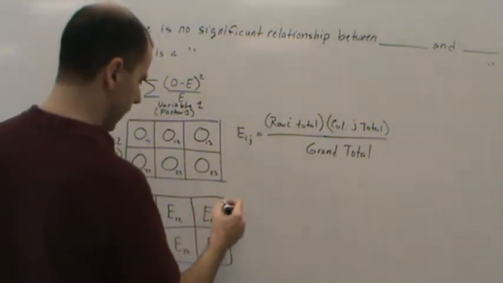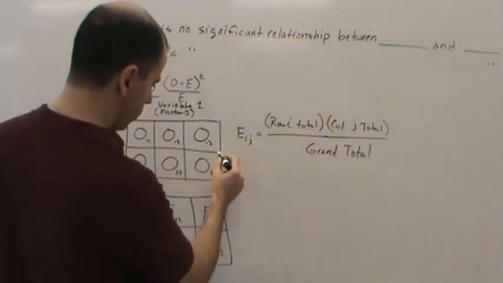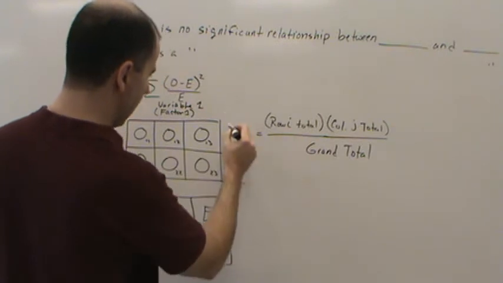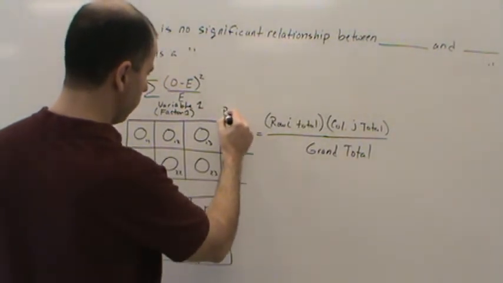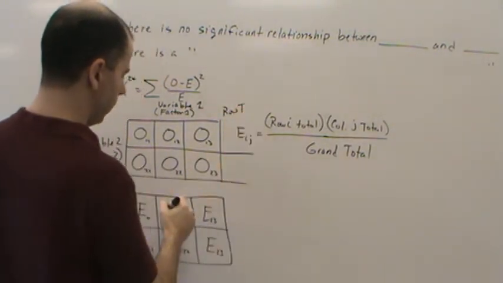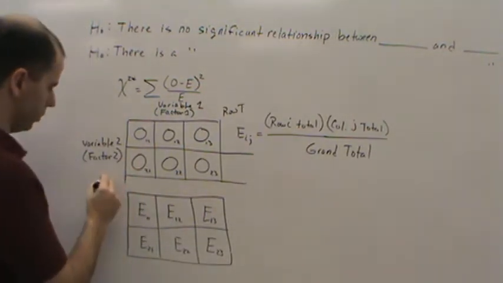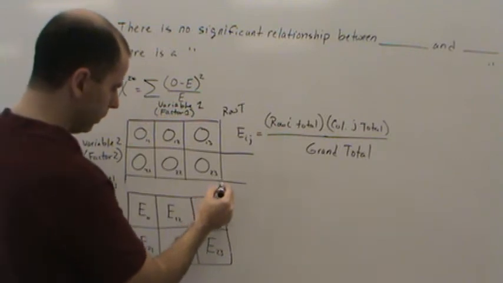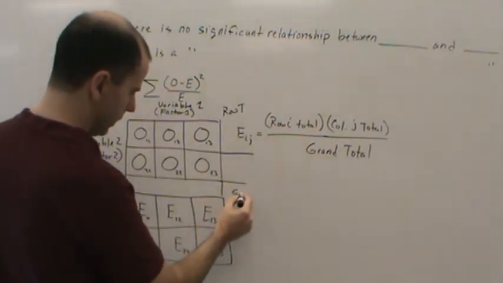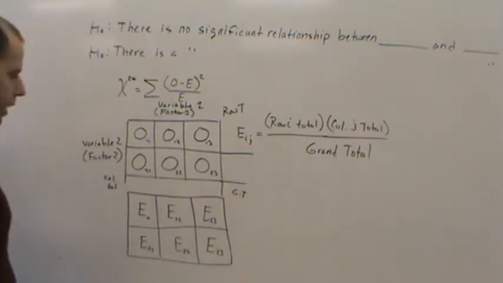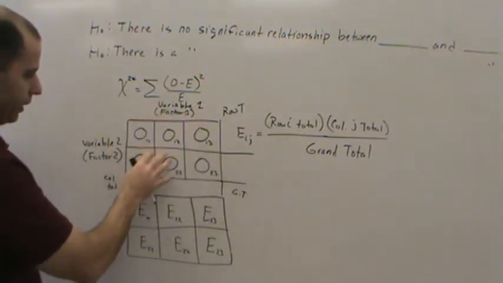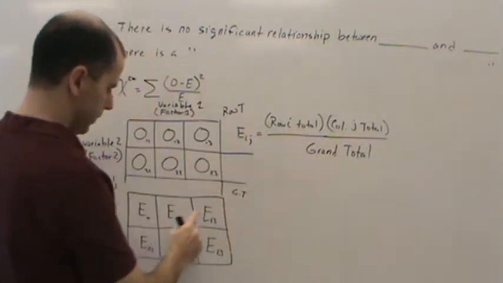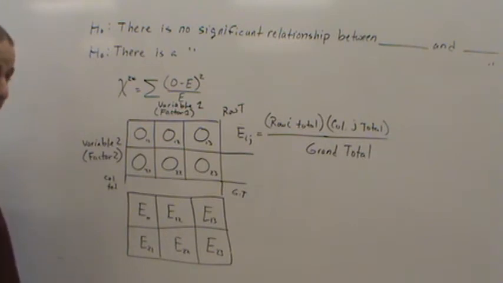So basically, we're going to have our row totals from the observed values, just like we had before. Over here, we're going to have our column totals. And then right here is going to be the grand total, okay? So we're going to use our data here and these formulas to figure out what the expected values of the frequencies should be.